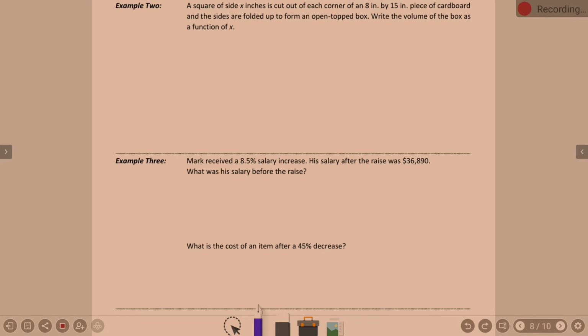Okay? So, you got the visual or no? A square of side x inches is cut out of each corner of an 8-inch by 15-inch piece of cardboard.